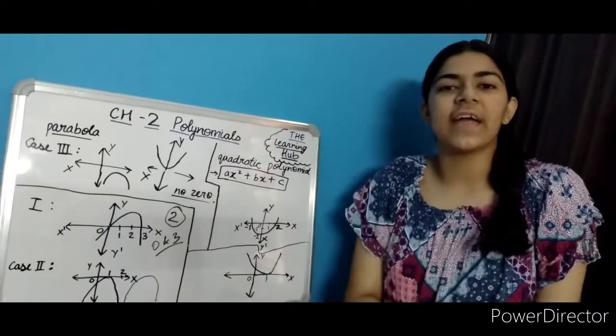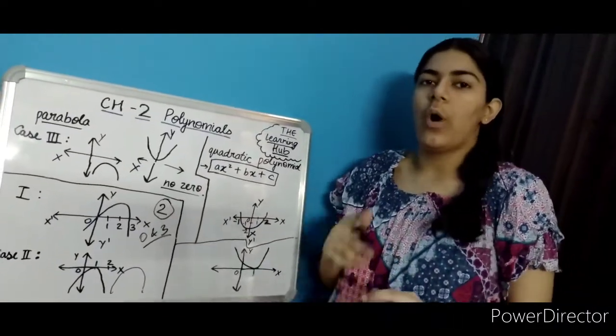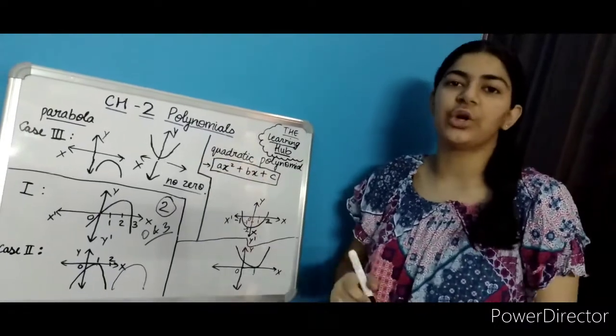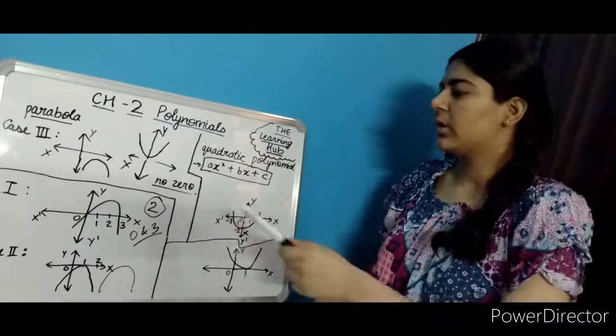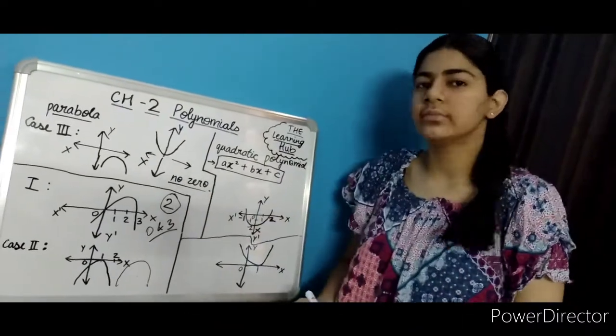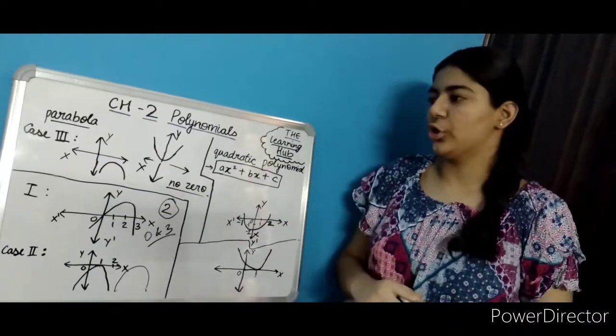It only intersects the y-axis, and we are not concerned about the y-axis, even though the parabola is touching it. We are only concerned about the x-axis. Okay. So remember that there is no zero.